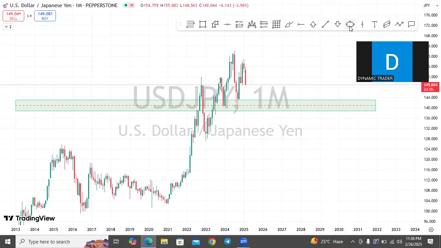Because the market has made multiple touches on this region. You can see when it came to this point, it went up, touched here again, went up, touched here again, and went up, and it's trying to come down again. So the moment it comes back to this point again, we're expecting it to go up.